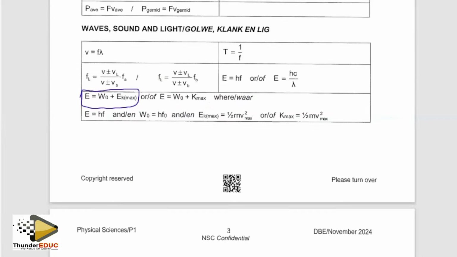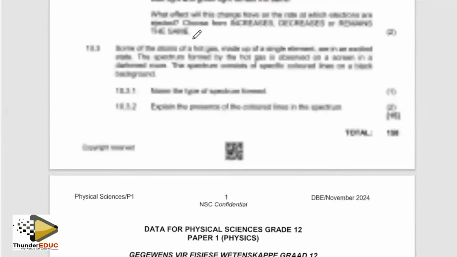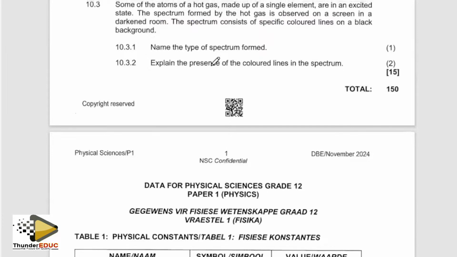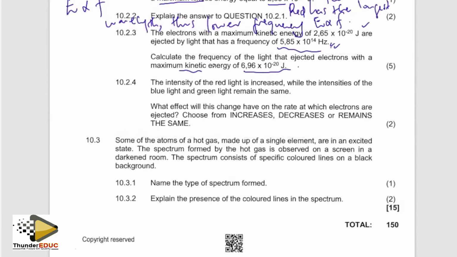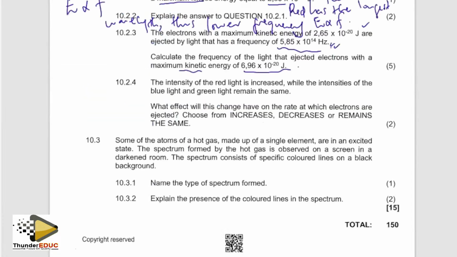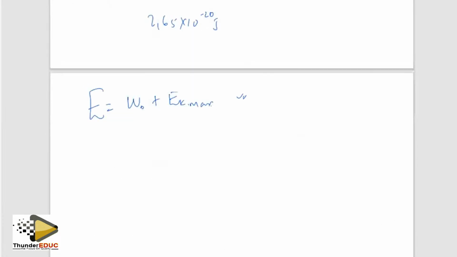So what we can see is that between the two questions, the only thing that is missing is the W naught, which is the work function. So I can start by looking for the work function. I'll say 2,65 times 10 to the negative 20. And then they told us the frequency is 5,85 times 10 to the 14 hertz. All right, so we need to get the work function.